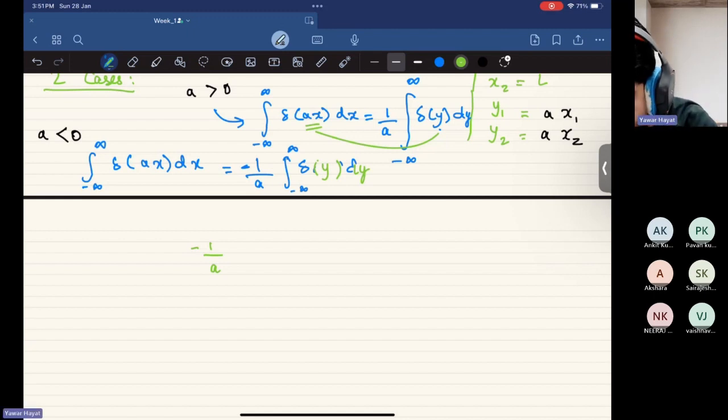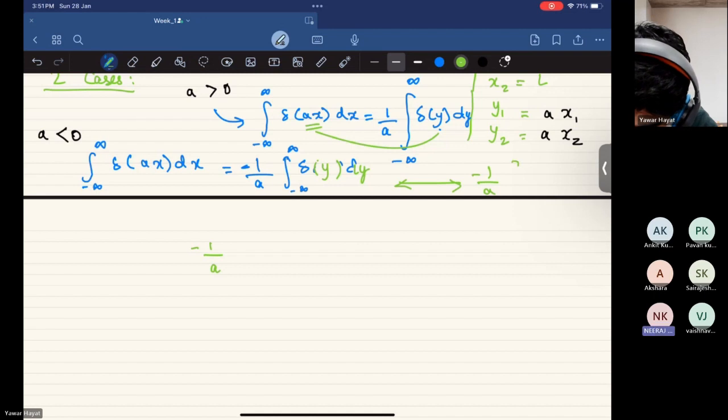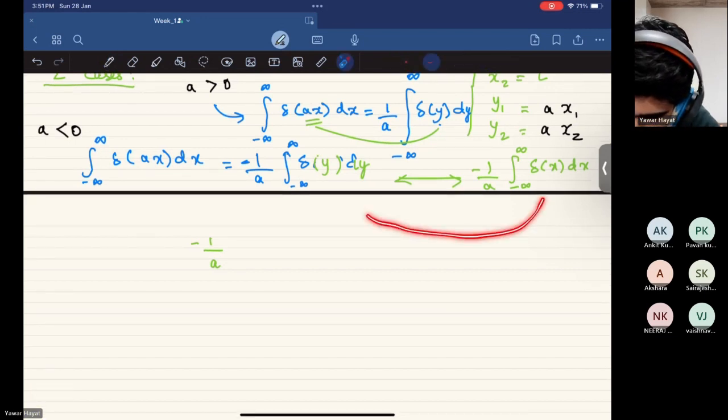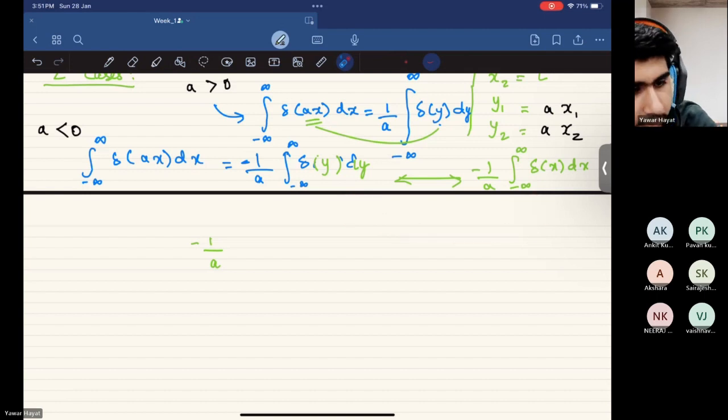Would you be convinced if I write it this way? Is this and this same? Sir, y was assumed to be ax, and dx is 1 by a into dy.